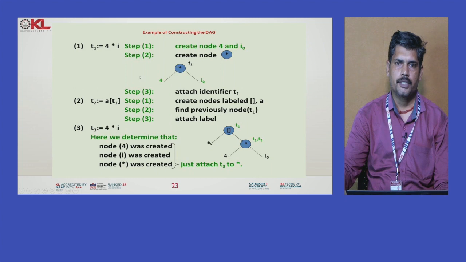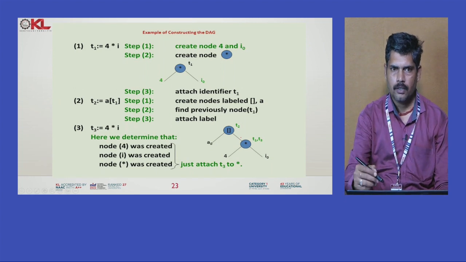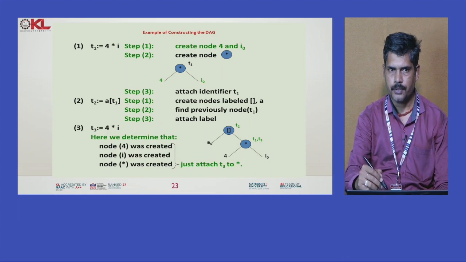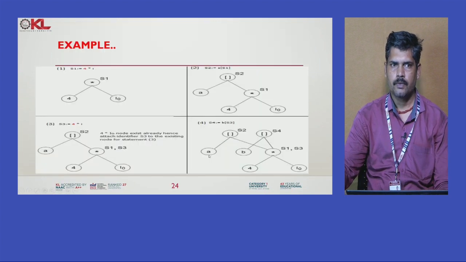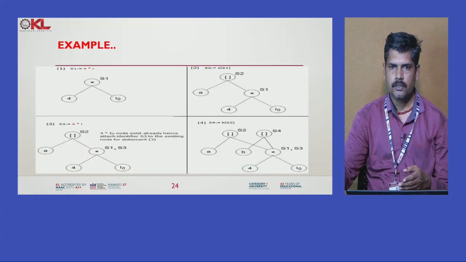Coming to t2, that is the array, we are calculating for t1 to a of 0. A of 0 means the initial value 0. So for the array we are defining the operator. This is the continuous diagram.